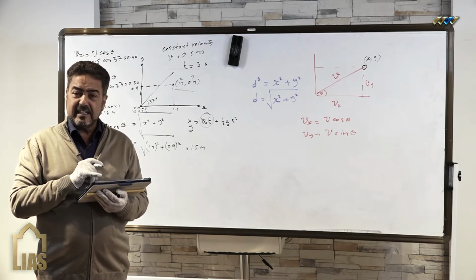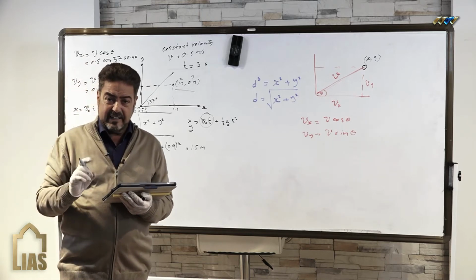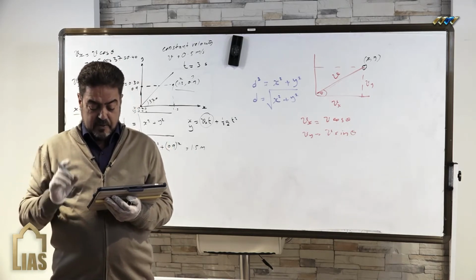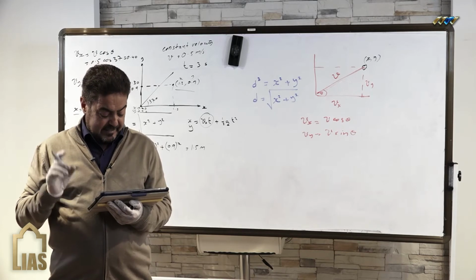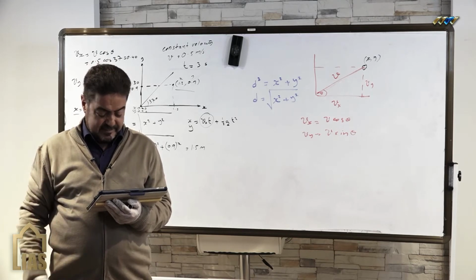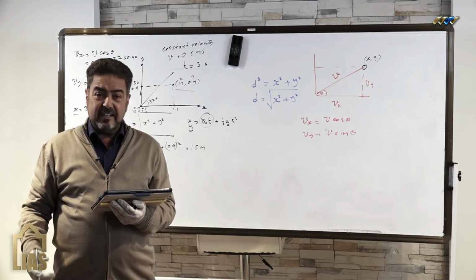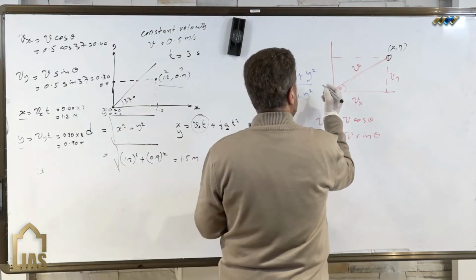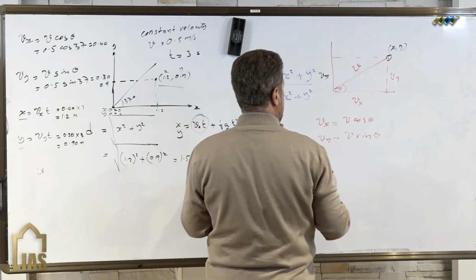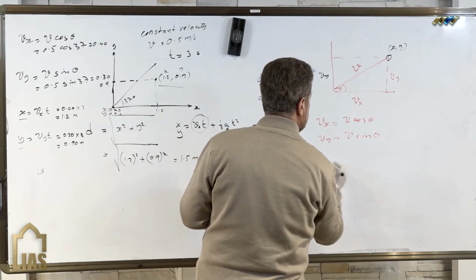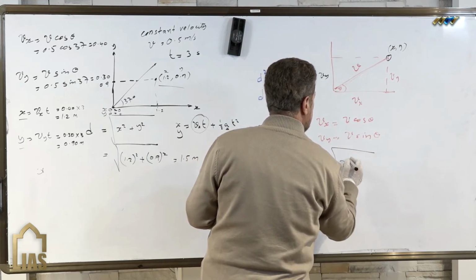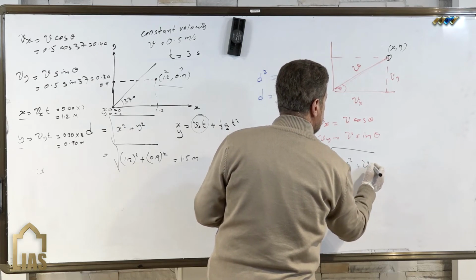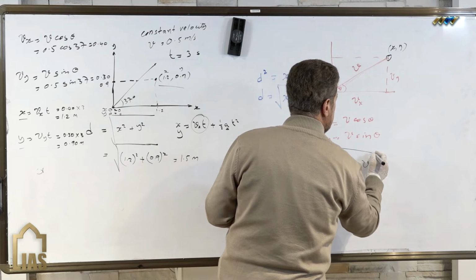The acceleration Ay has a value of 2.8, and the time is 3 seconds. In this case, now we have Vx and Vy, and V is equal to the square root of Vx square plus Vy square.